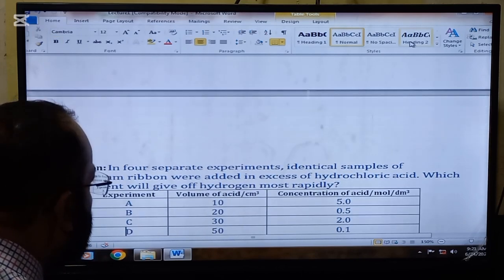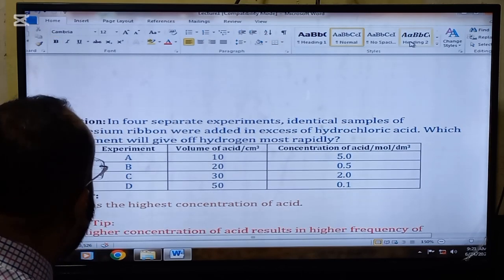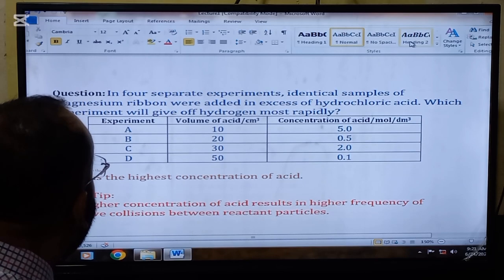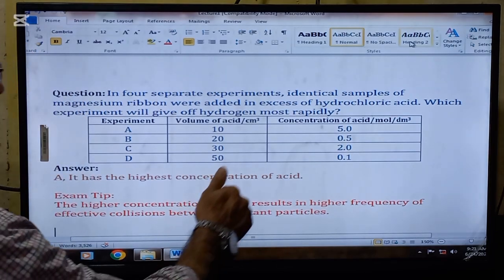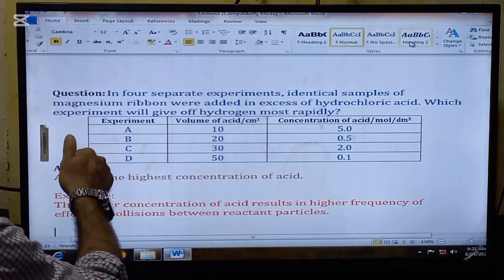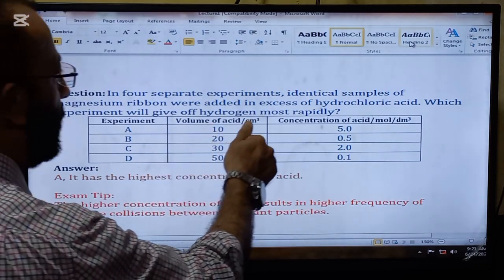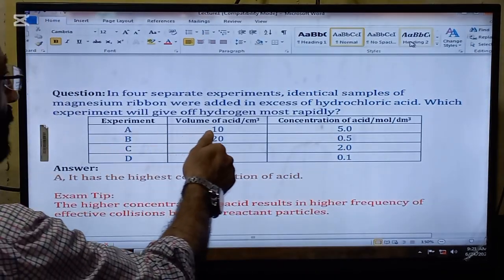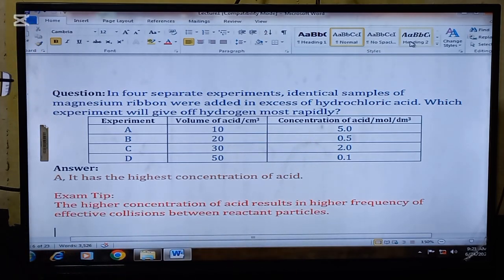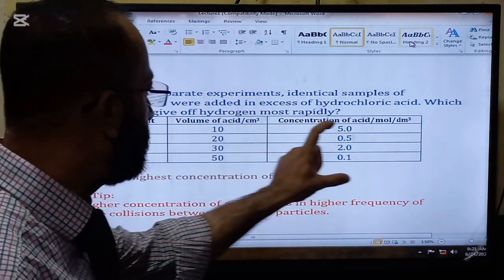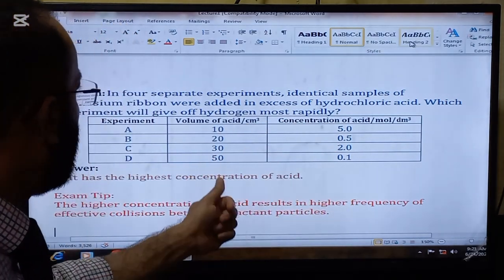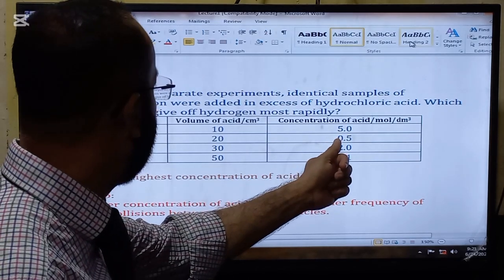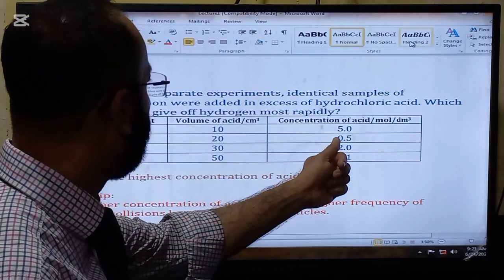And here is a short question. In four separate experiments, identical samples of magnesium ribbon were added in excess to hydrochloric acid. Which experiment will give off hydrogen most rapidly? So it can be seen from the table that the concentration is maximum here.